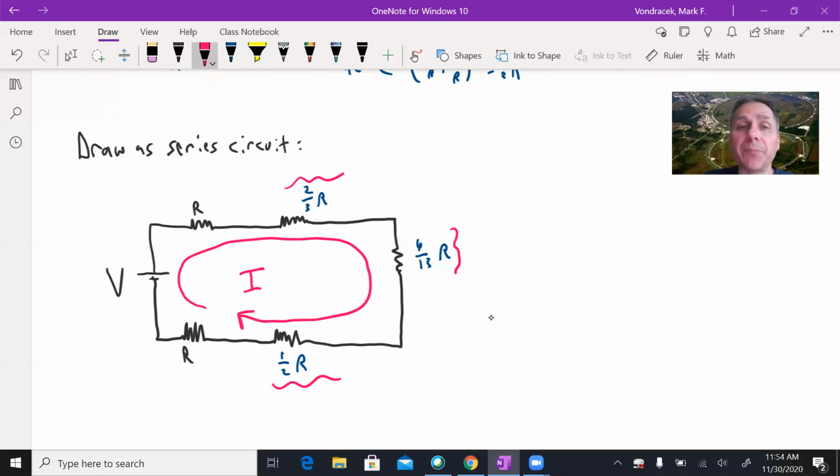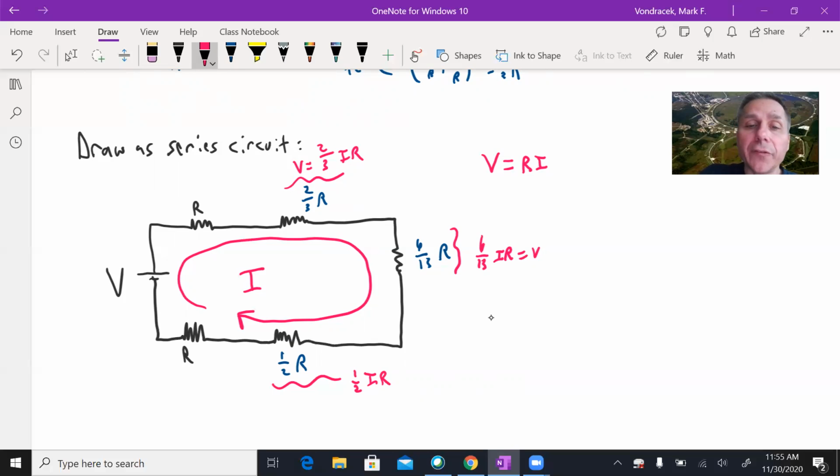Using Ohm's law, the voltage of a resistor is the current going through the resistor multiplied by the resistance. So if a total current I is going through 2/3 R, we just multiply those together, and that'll tell me the voltage up here, 2/3 IR. On the right-hand side, I times 6/13 R is 6/13 IR for the voltage. Down on the bottom, we'll have 1/2 IR.